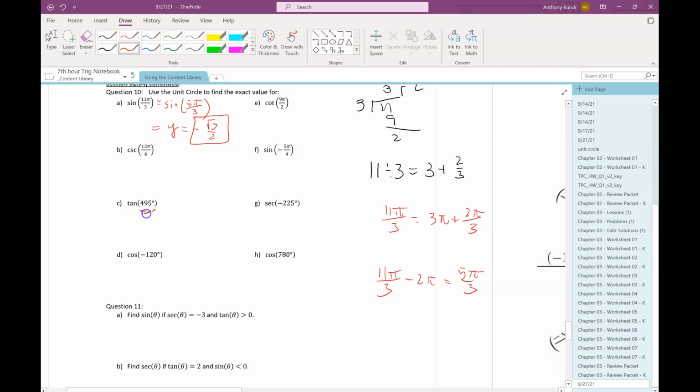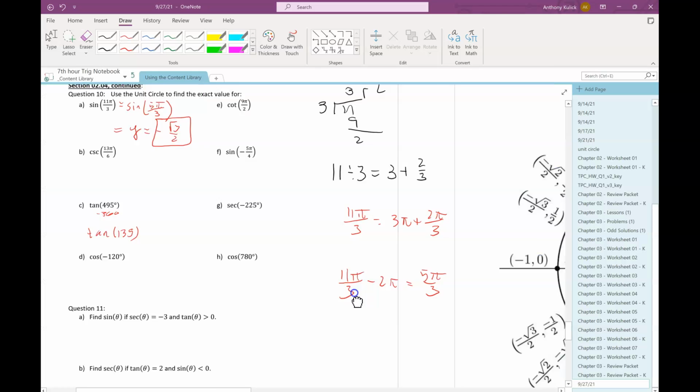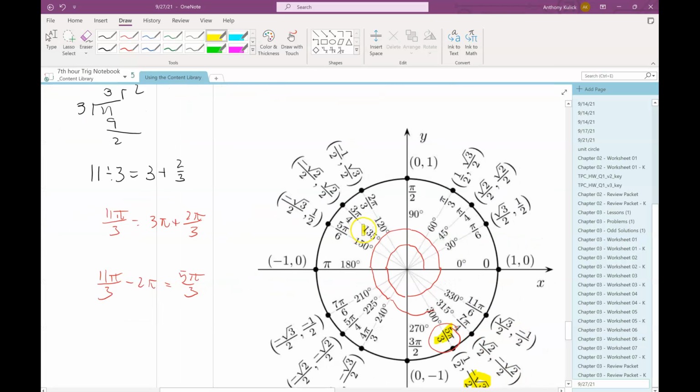So I'm just going to subtract 360. So that gives me tan of 135. I go over and I find 135 degrees. Tan is y over x, my unit circle definition.